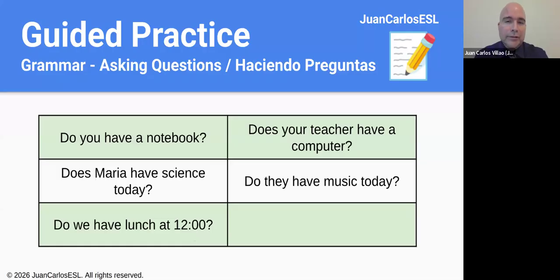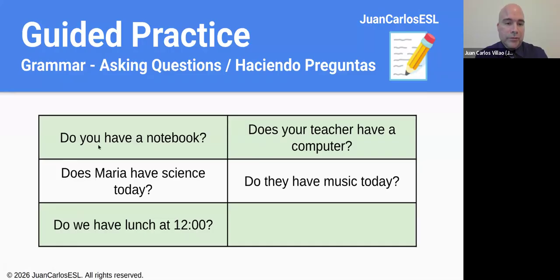Entonces, no está esta regla de gramática en español, pero sí existe y tenemos que aplicarla en el lenguaje de inglés. Tenemos que tomar en cuenta cuál es el sujeto y eso determina si nos toca utilizar do o does. Tome en cuenta que estamos iniciando con does, do, does, do.